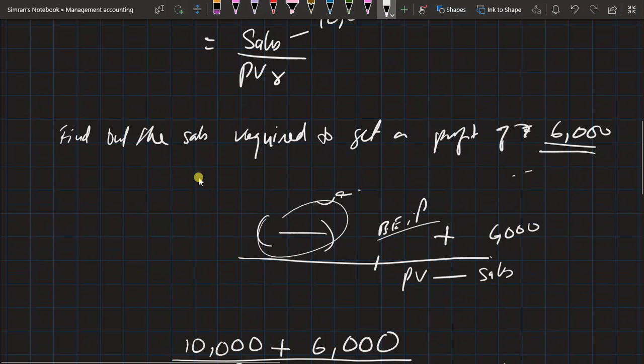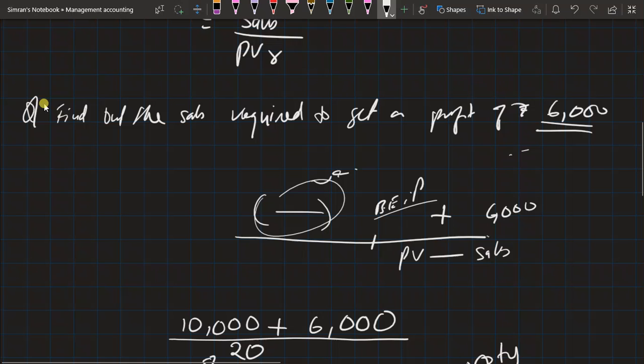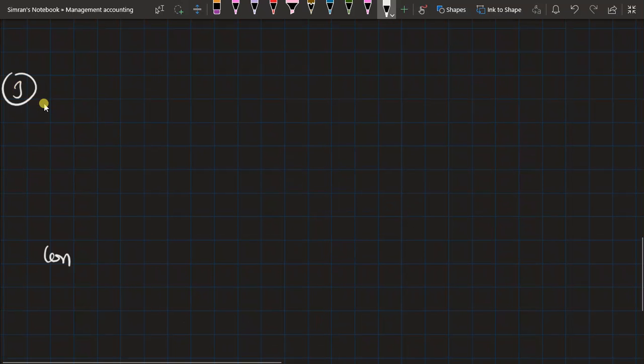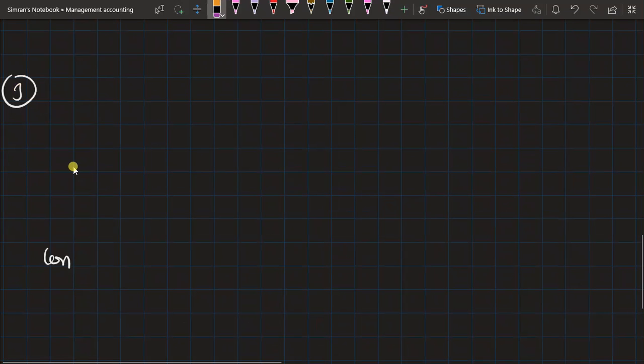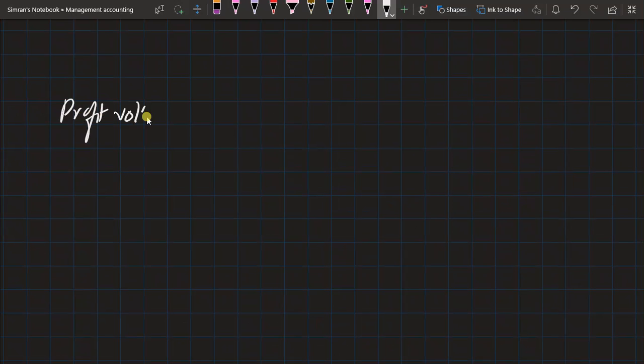So profit volume ratio is basically contribution divided by sales, into 100. Keep in mind that the smaller one will be on top and the bigger one below.